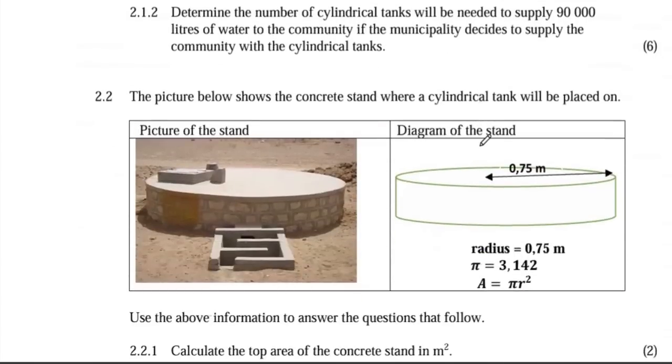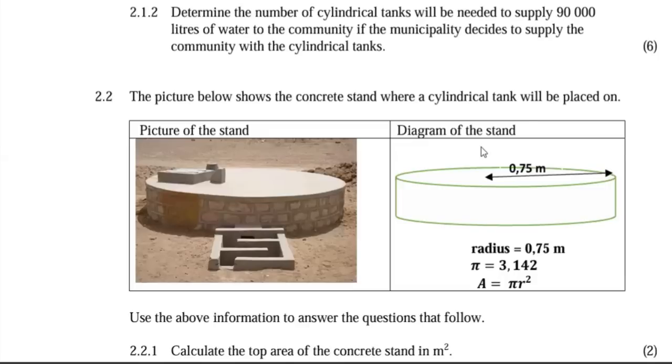2.1.2. Determine the number of cylindrical tanks that will be needed to supply 90,000 liters of water to the community if the municipality decides to supply the community with cylindrical tanks. All right.